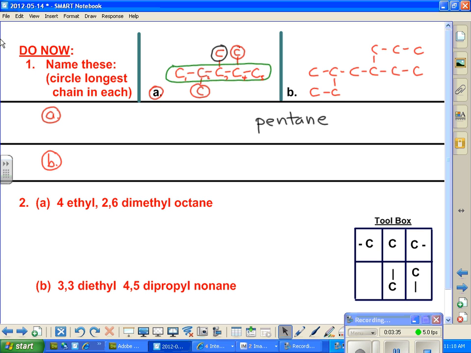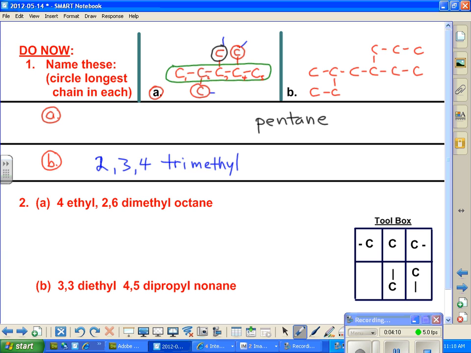A 1-carbon chain is called a methyl when it's being used as a substituent. We're going to name these in blue, and we'll call it 2, 3, 4. Now, because there's 3 of them, we say tri, and they're all methyl groups, so we're going to call them methyl.